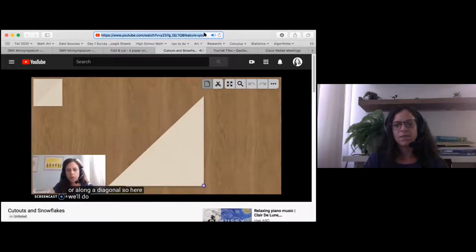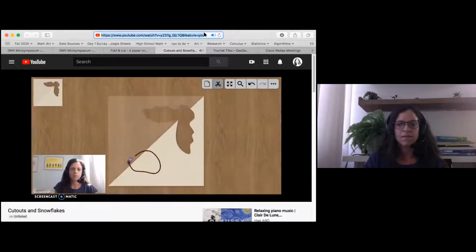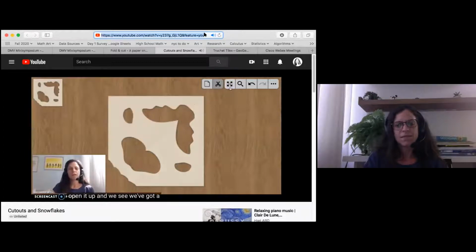Here we'll do a diagonal, and then we make some cuts and open it up. And we see we've got a D1, so one line of reflection and the identity rotation.